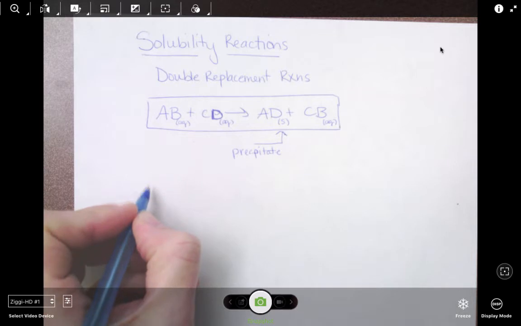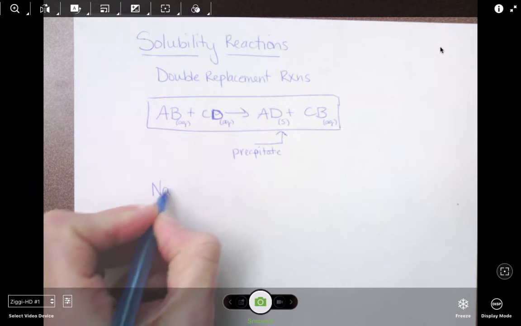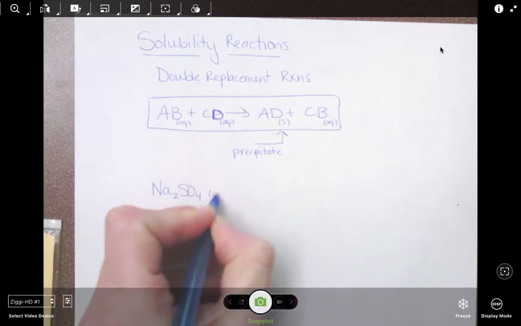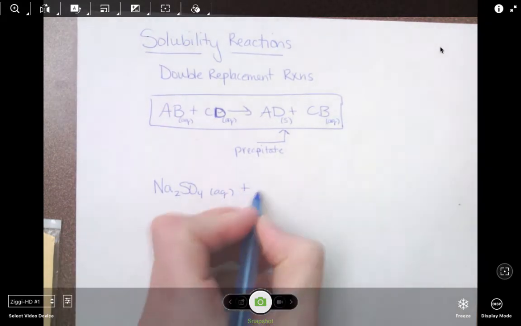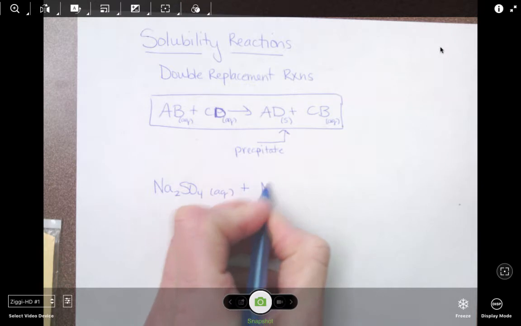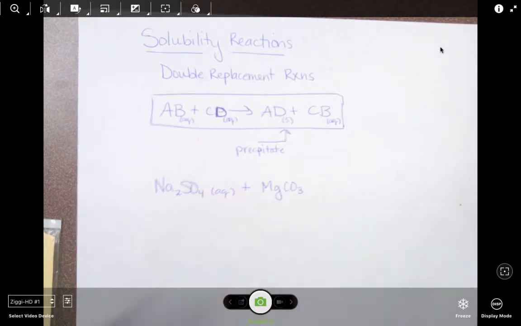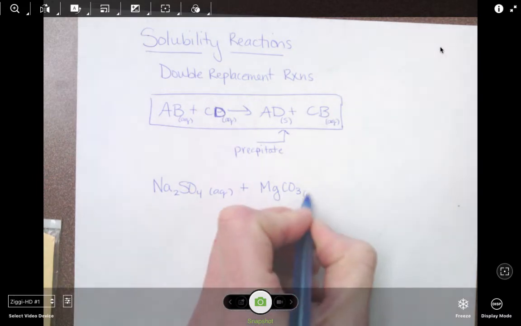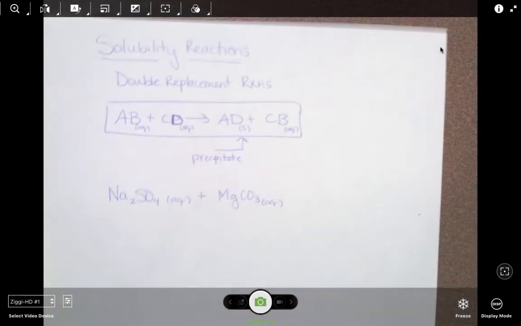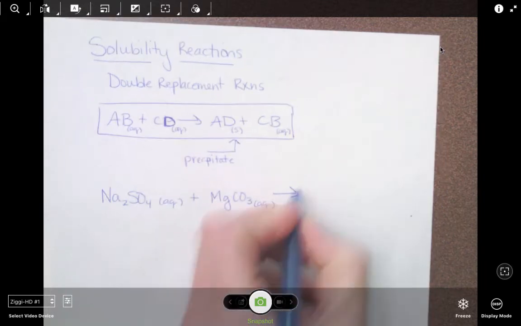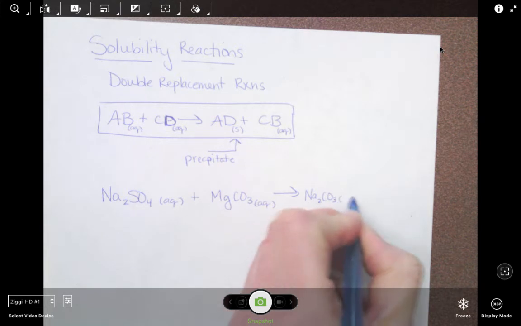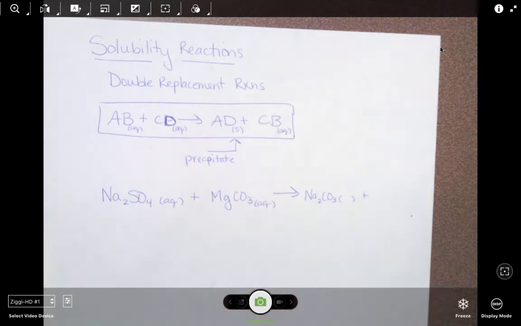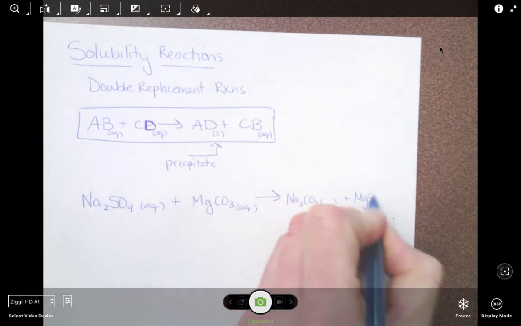An example of that would be aqueous sodium sulfate added to magnesium carbonate, which is also aqueous, to produce sodium carbonate and magnesium sulfate.